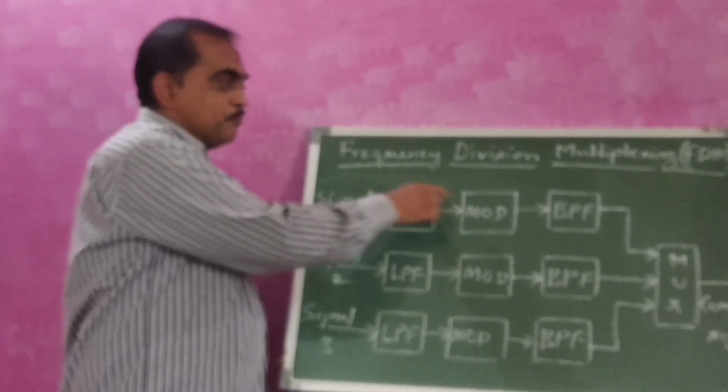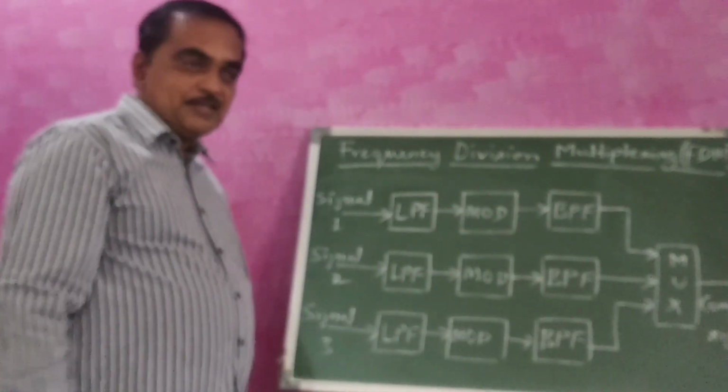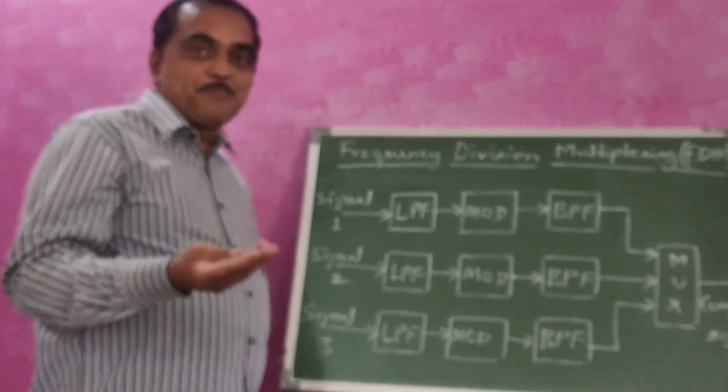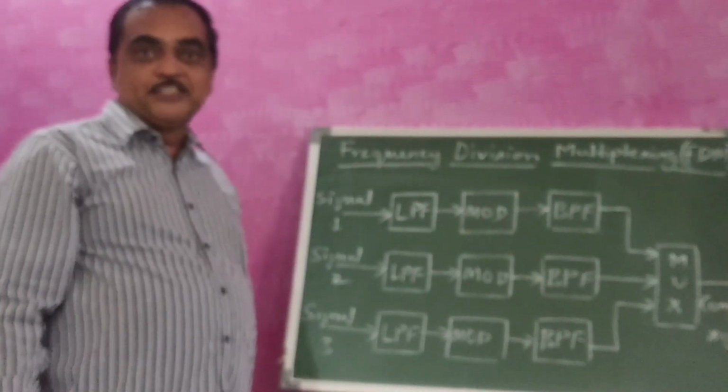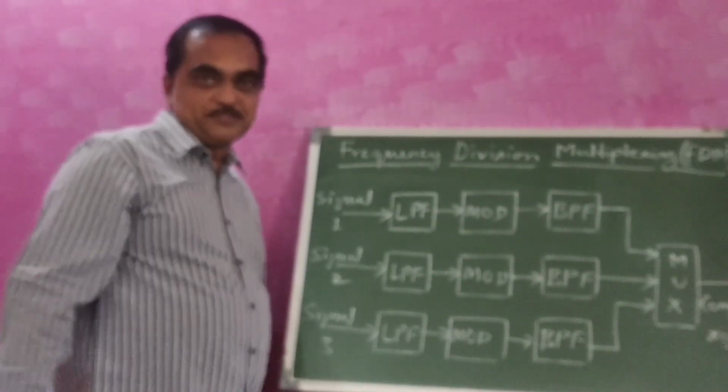These signals will modulate the carriers here, and those modulated carriers will go to a pass band now, because the frequency spectrum will change. They should be passed through band pass filters with proper cutoff frequencies.